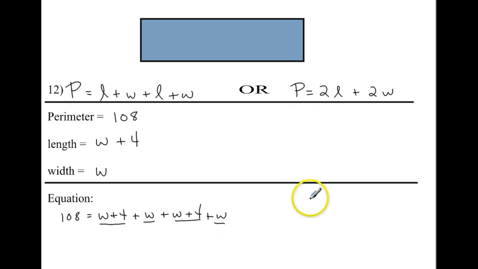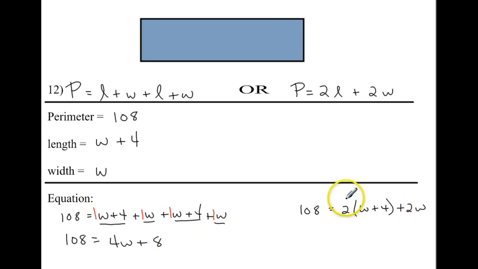If I use this second one as a guide, I would end up with 108 is equal to 2 times w plus 4 plus 2w, because w is my width. Either way, if I use the one on the left, I would be filling in unwritten coefficients and combining like terms to get 108 is equal to 4w plus 8.